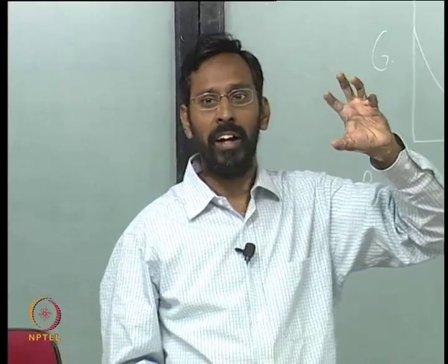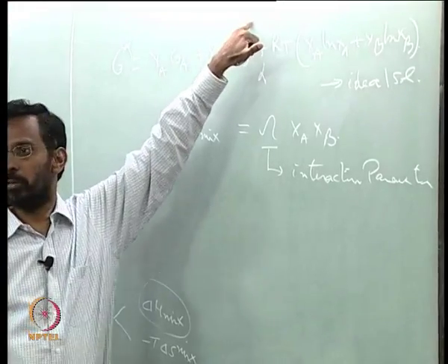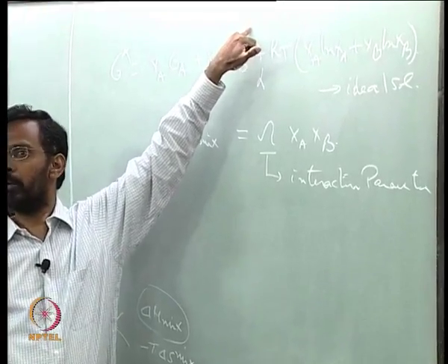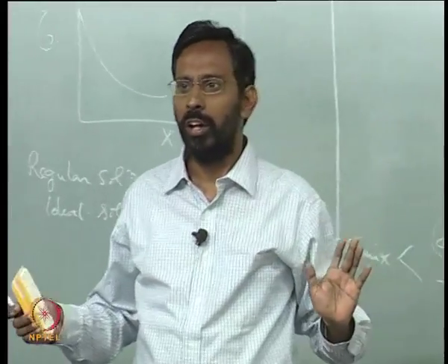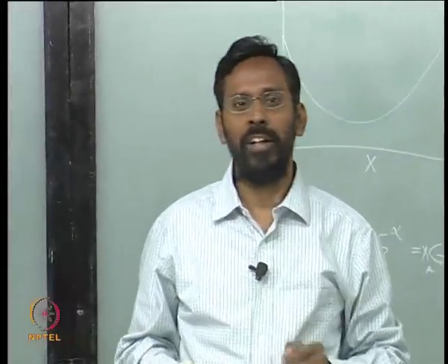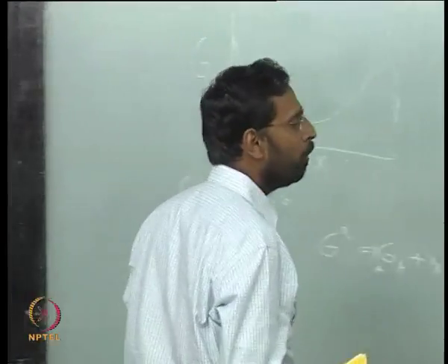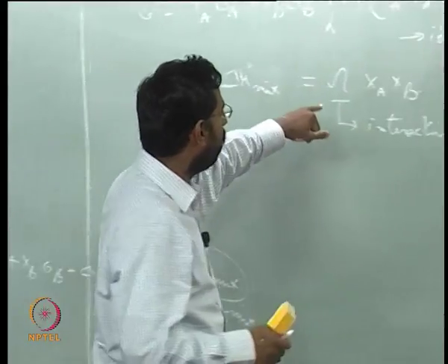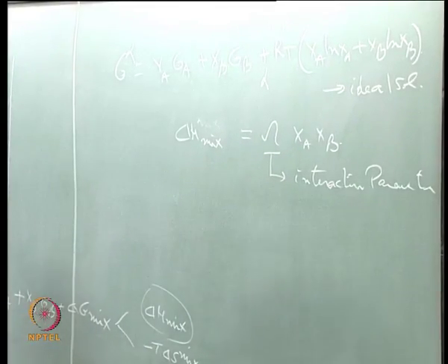And this boils down to the earlier equation when omega is 0. When omega is 0, that means the interaction between A and B is 0, and that is what gives what is called an isomorphous solid solution. You will see as we go along when we get to the phase diagrams. And whenever you see omega being positive, we say there is a repulsion.